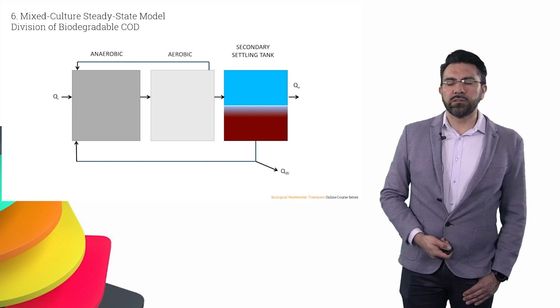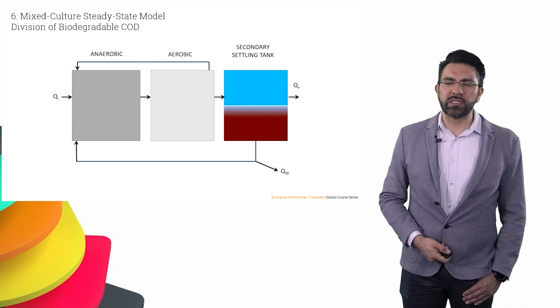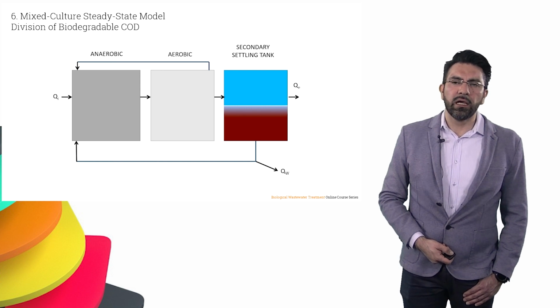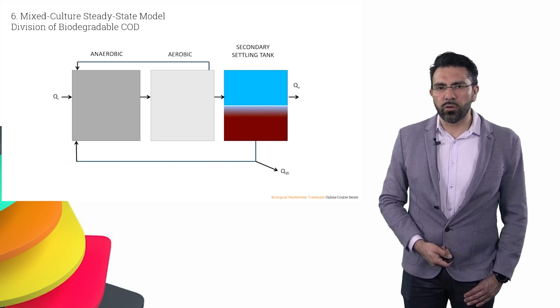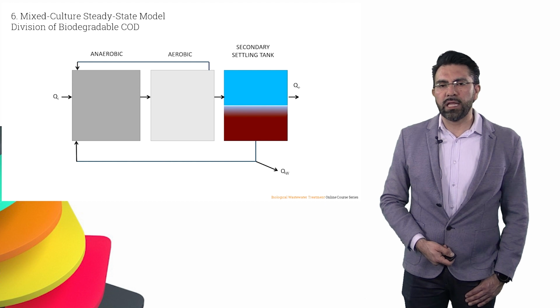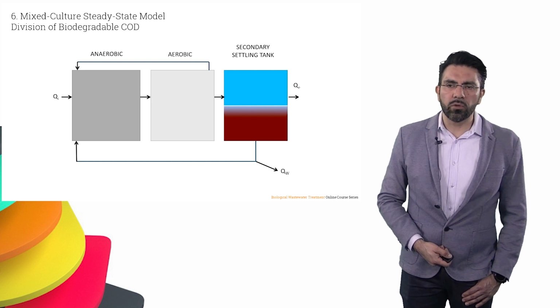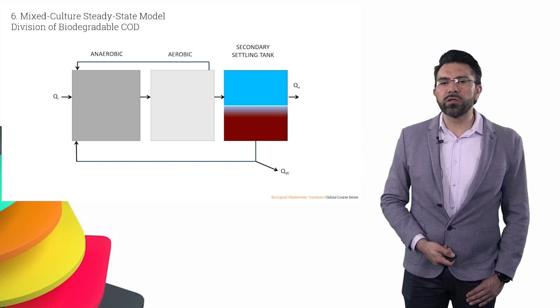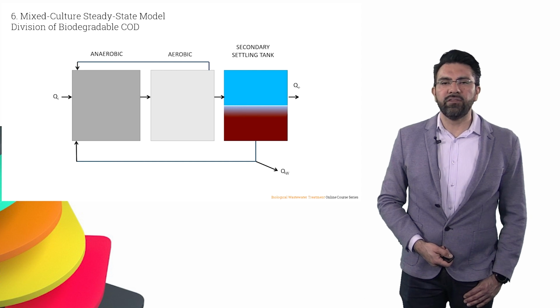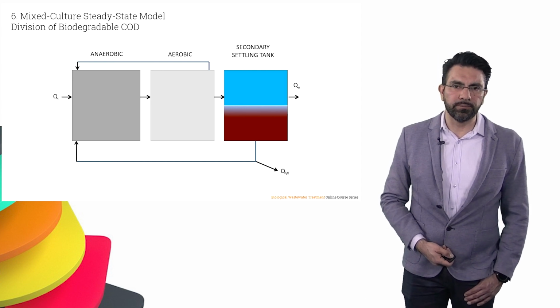So, compared to other designs, most of the efforts when performing the EBPR design process are focused on estimating the division of the biodegradable COD.